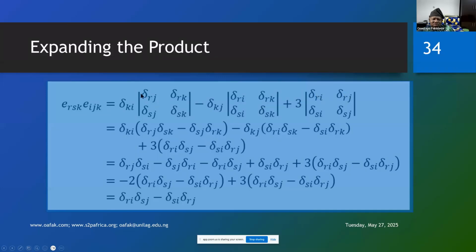You remember that there are 2 by 2 matrix determinants now, which are easy to work out. The first one here is delta rj times delta sk minus delta sj times delta rk. And then you have minus delta kj here, which is delta ri times delta sk minus delta si times delta rk. And then 3 into this.